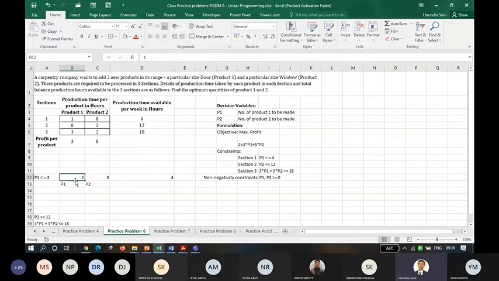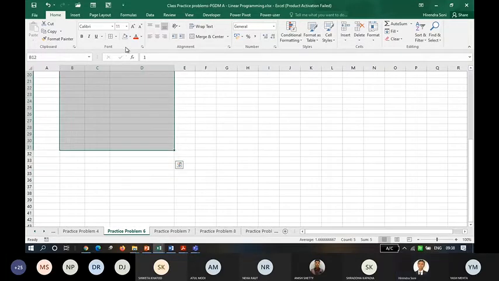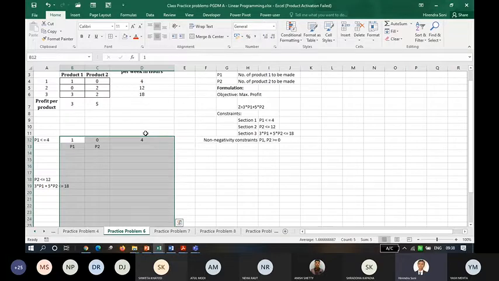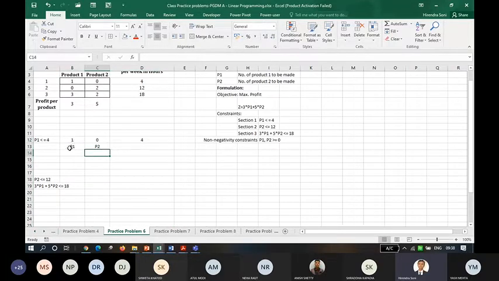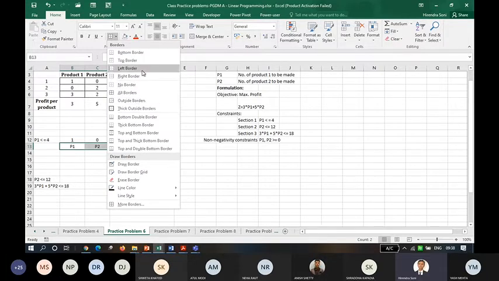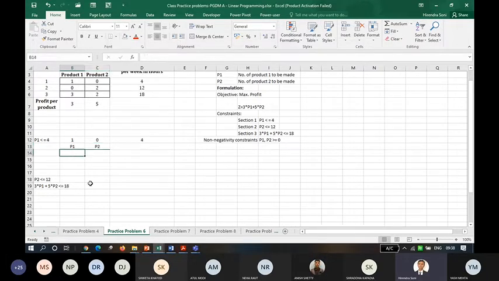Fine. Now since it is P1 equals to 4, under all circumstances it would be 4 and we can have P2 as 0. Second, we take 4. Fine. So we have got this equation.